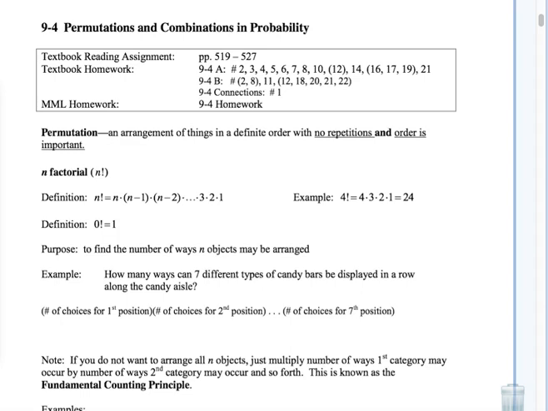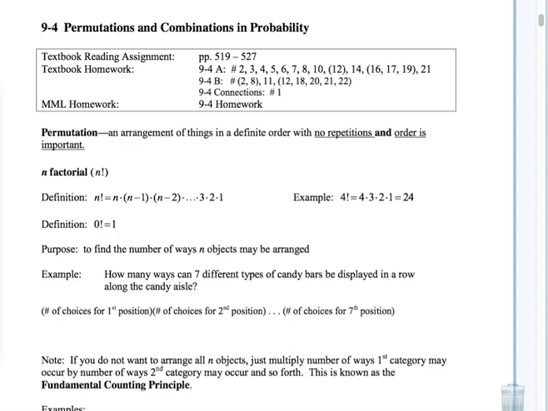In a permutation, the order matters. In a combination, the order does not matter. So the things that are basically the same but the order is different, we pretty much cancel those out with a combination because the order does not matter. In a permutation, we're looking at things where the order does matter.